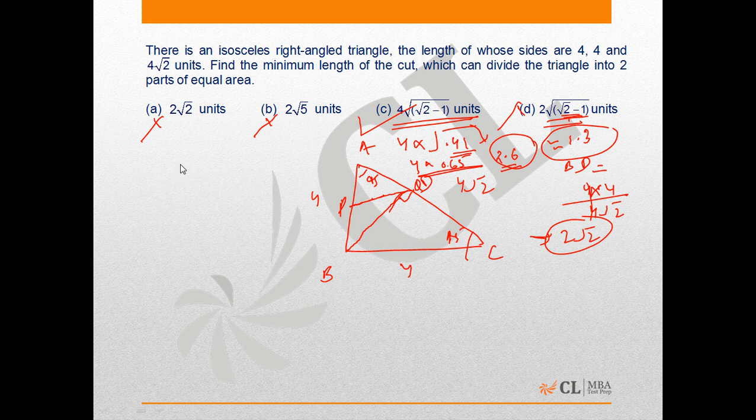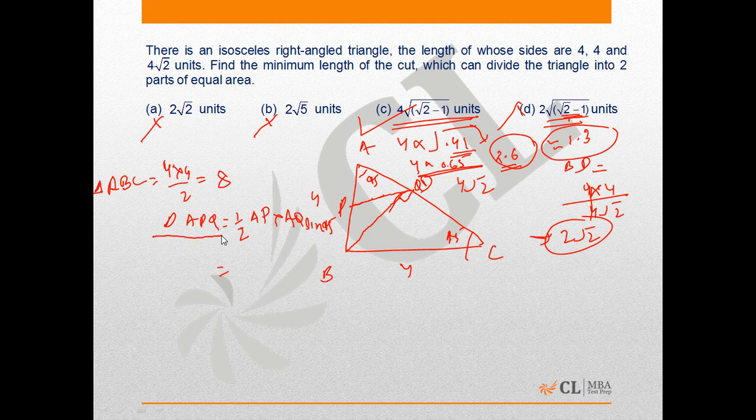Area of this triangle, that is ABC, will be 4 into 4 by 2, which is 8. So the area of triangle ABC is 8, and the area of triangle APQ will be 1 by 2 AP into AQ into sine 45.